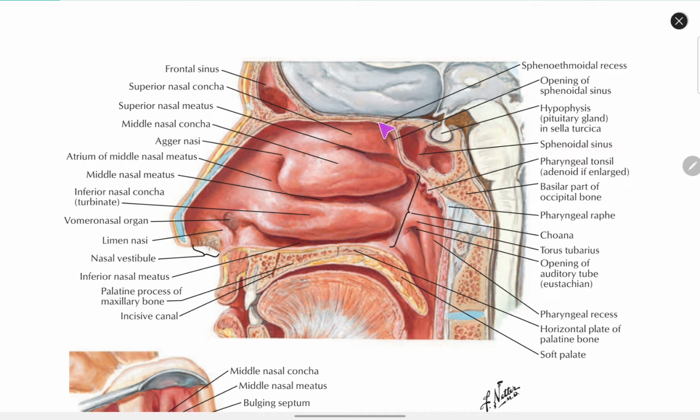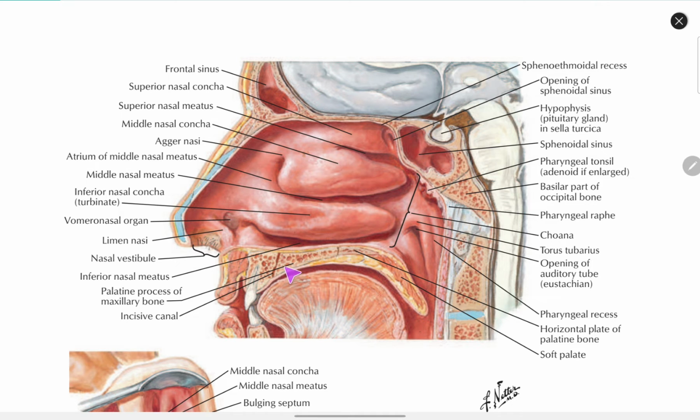The middle part is formed by the cribriform plate of the ethmoid bone, whereas the anterior part of the roof is formed by the nasal bone, the nasal cartilages and the nasal part of the frontal bone. The posterior slope is formed by the inferior part of the sphenoid bone.